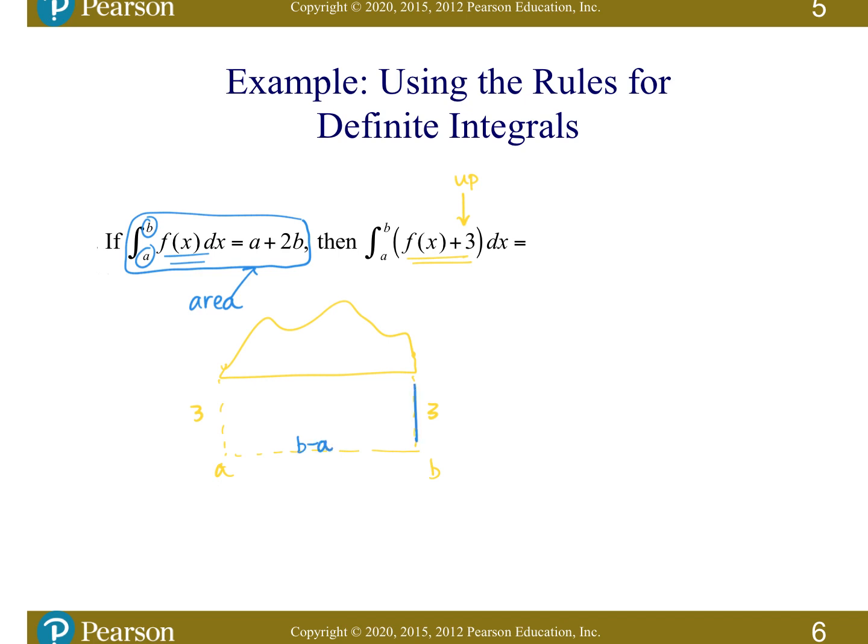And the height is 3. So we're adding on to that 3b minus 3a worth of area on top of an area that's already a plus 2b. And so we can consolidate those values and see what we come up with. So it looks to me like we're going to come up with a total of 5 b's and then minus 2 a's.